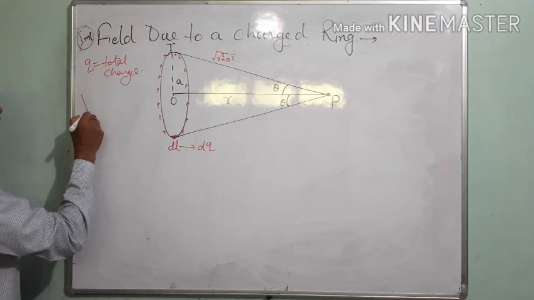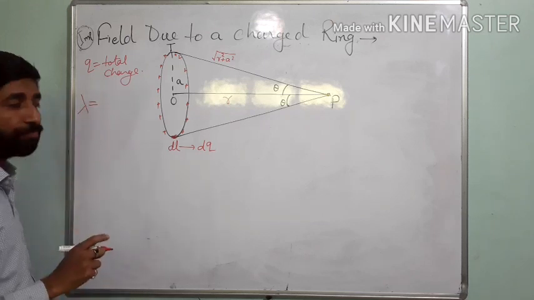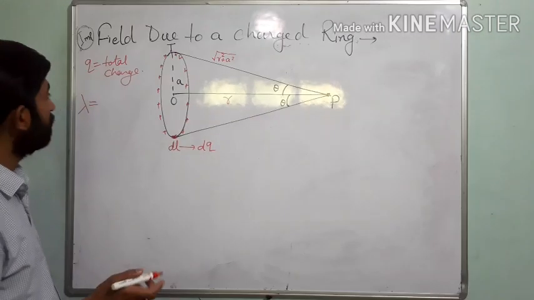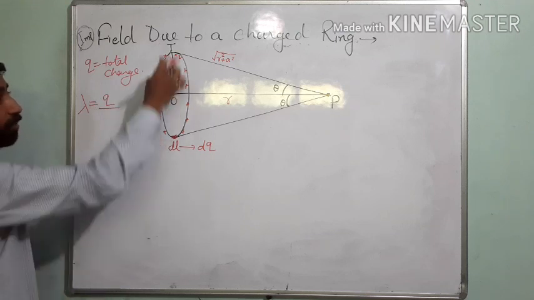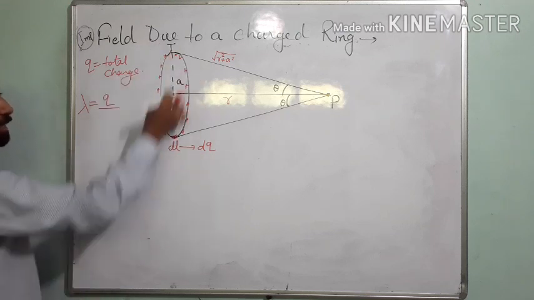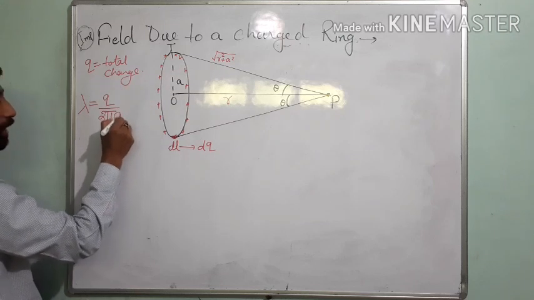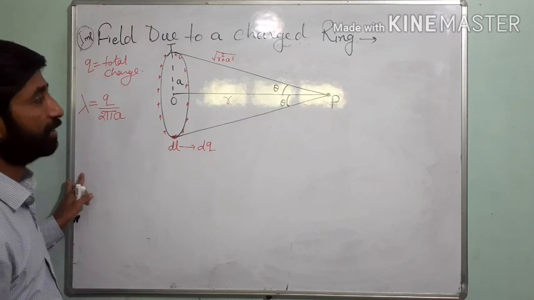So lambda is called the linear charge density, as we studied in the last topic. Lambda is equal to the total charge given to the body over its circumference, that is 2 pi A. This is the linear charge density.